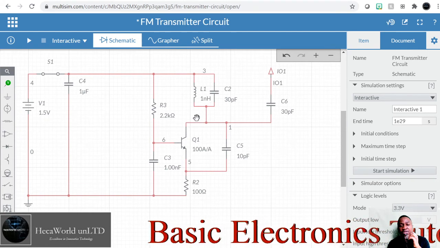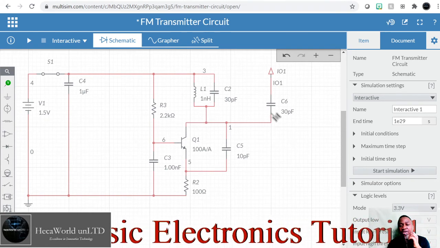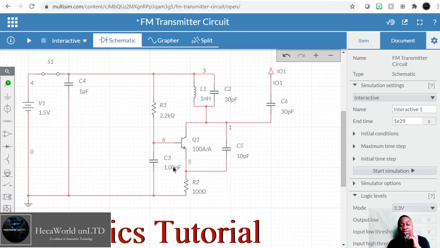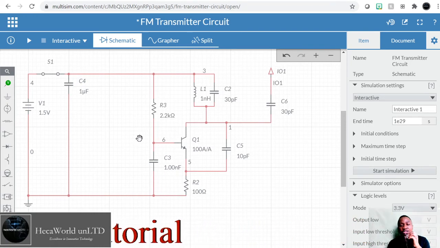You can have an inductor right there, and then have another capacitor to your antenna. The frequency will be stable, and the position of your hands will not affect it much. The inductance value might change and be off a little bit, but the core frequency will remain the same, and then just take the feedback network as it is right now.